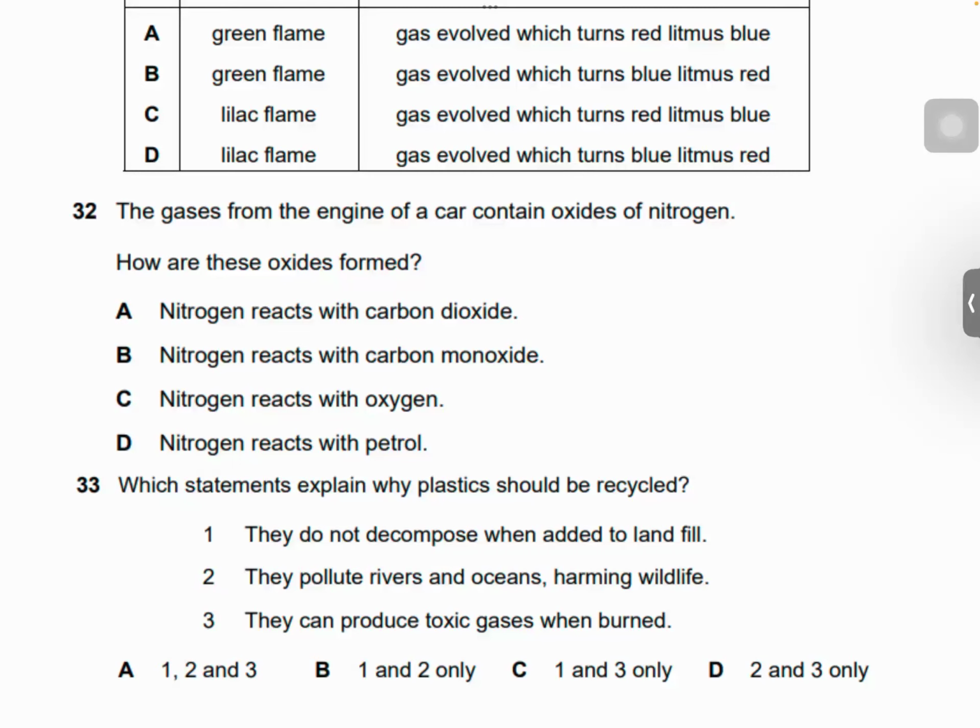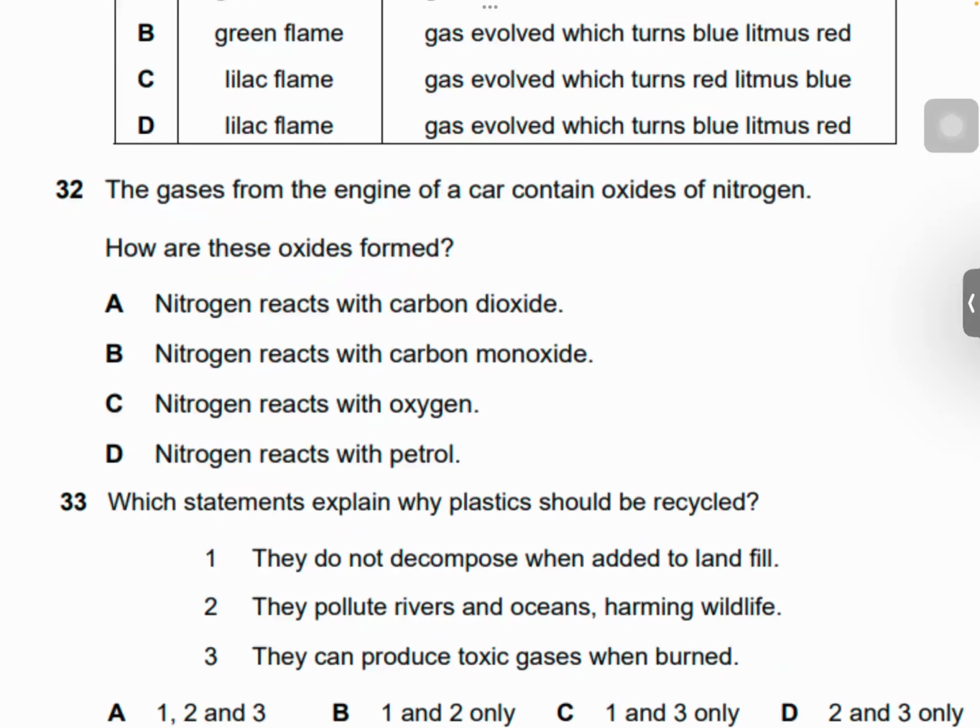Question number 32. Yes. Hamna is saying C. Huria, Fatma, Aryan, Amaya, Adan, Abdul, Maheen, Mohaimin, what do you think?